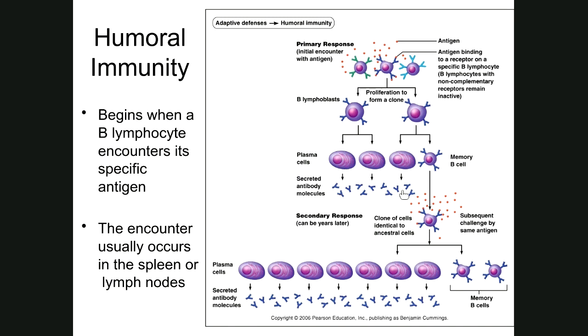And there's a lag between when that virus is introduced into your body and when a B cell binds it and becomes activated against it, until we actually have antibodies being produced, of about 3 to 6 days. So it takes about 3 to 6 days after the virus is introduced to get activated B cells and then clones and then plasma cells and then enough antibodies to actually do something about the virus and start working to destroy it.